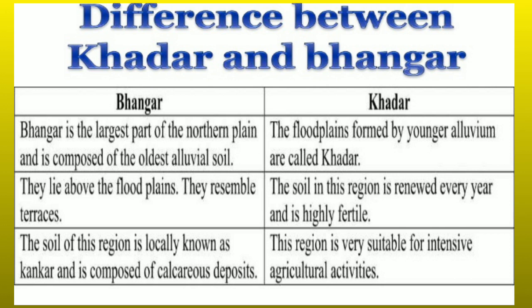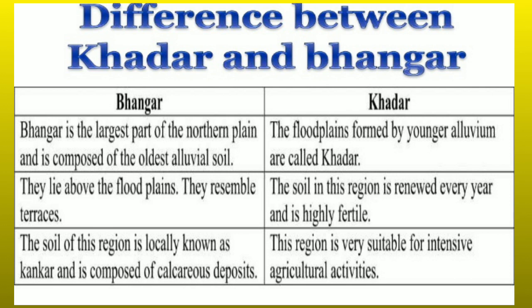Now let us see the difference between bhangar and khadar. I think you have done this in your previous class. Now one question is there in this session also in social science: what is the difference between bhangar and khadar? In your book: bhangar is the largest part of the northern plain and is composed of old alluvial soil, and khadar is a new alluvial soil. There is a second difference.